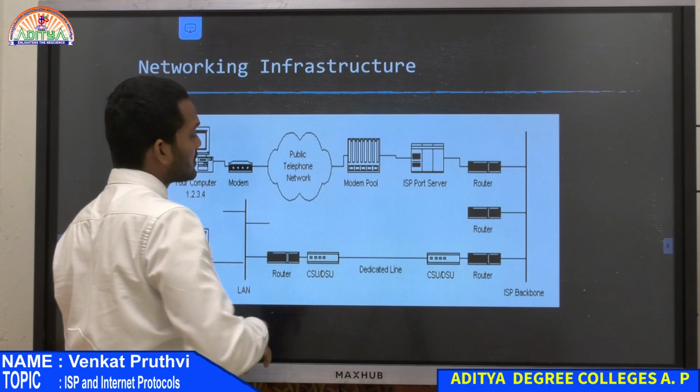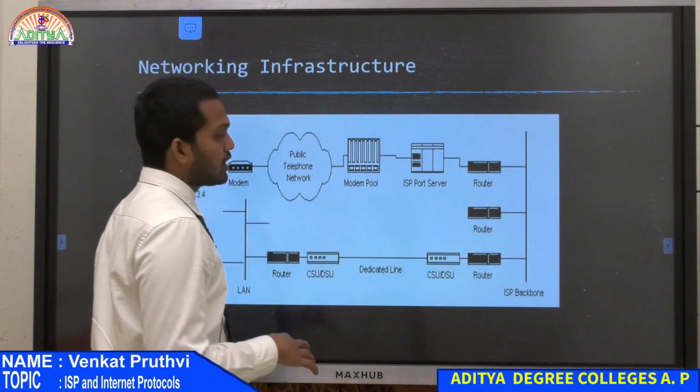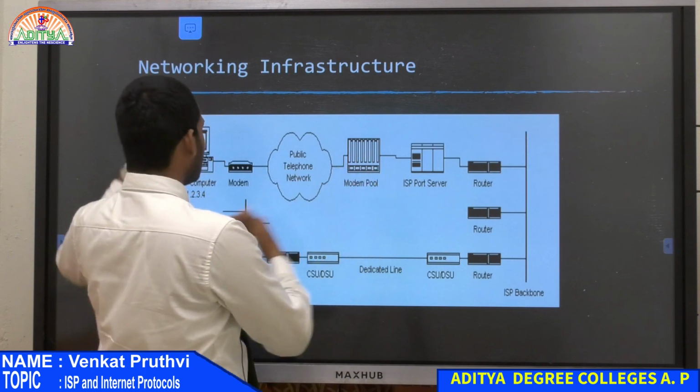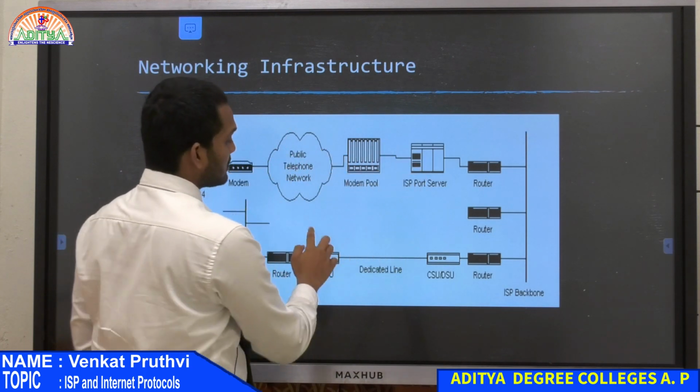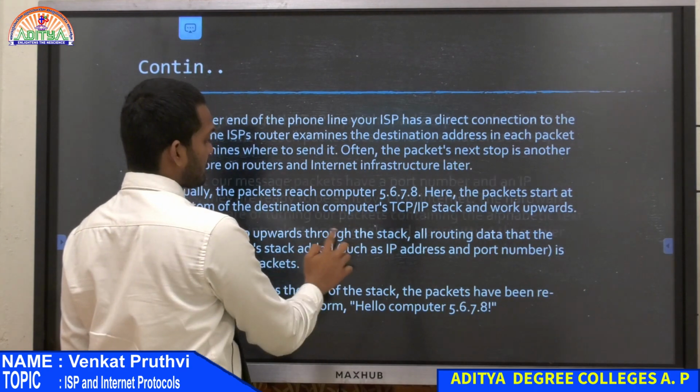Yesterday we were seeing about this, right? Whatever is happening between these two computers, we just denoted with the diagram of the internet here.